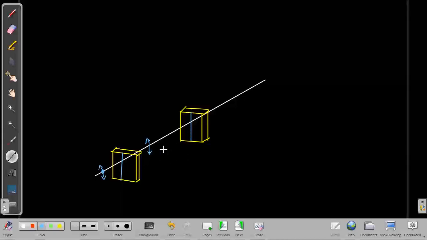Okay, then if this is the case, there will not be any change. You will get only a plain polarized light. Okay, no change.